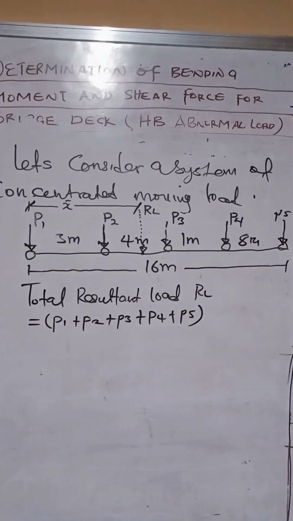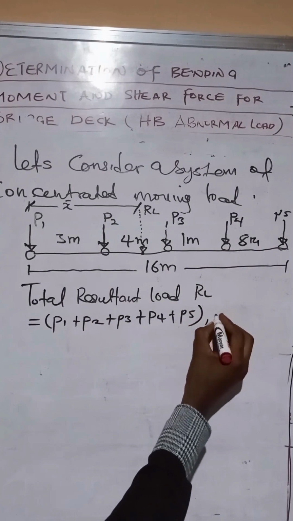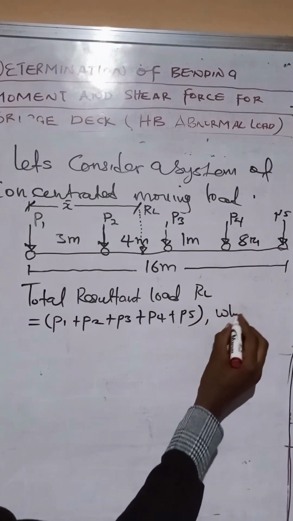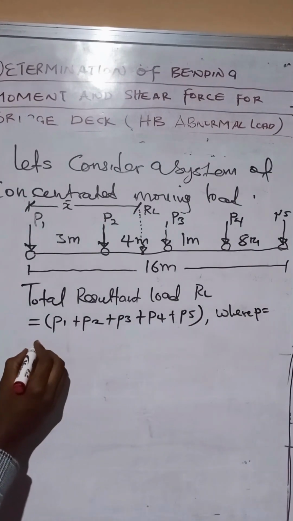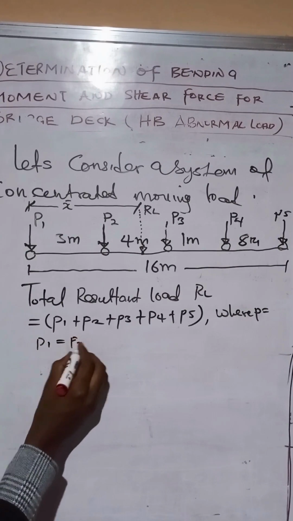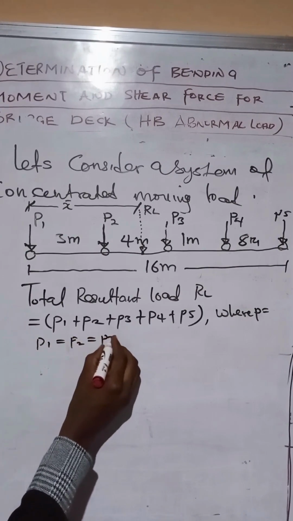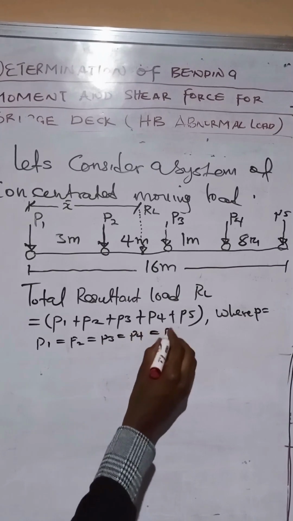Let's assume our P's to be equal, where P is equal to P1, and P1 is equal to P2, equals P3, equals P4, equals P5.